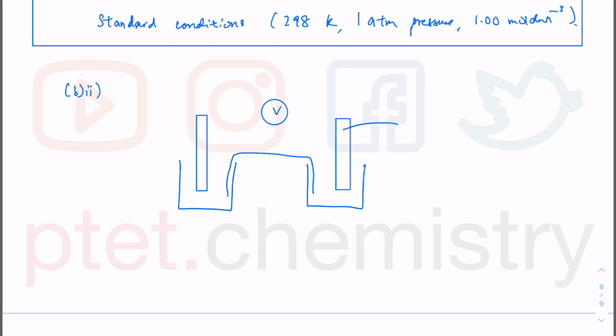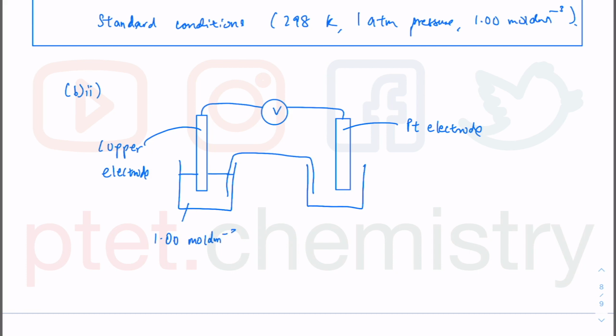But here I need an inert electrode, which is platinum electrode. But on the other side, I would need a copper electrode because I have a metal and a metal ion case study. A metal and a metal ion means I need 1.00 mole per dm cube Cu2+ aqueous, which could be from copper sulfate if you want to.